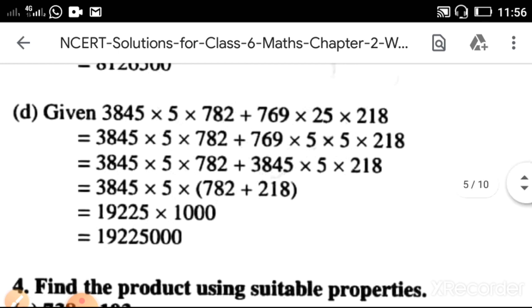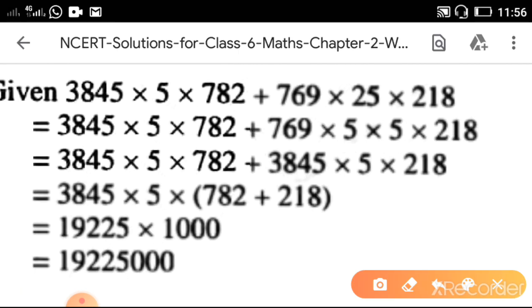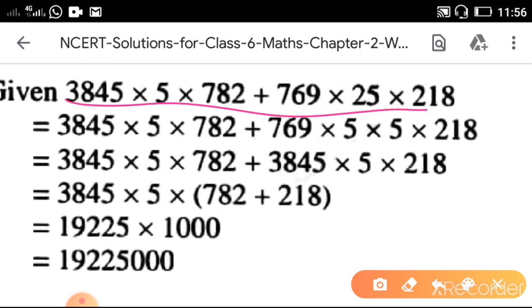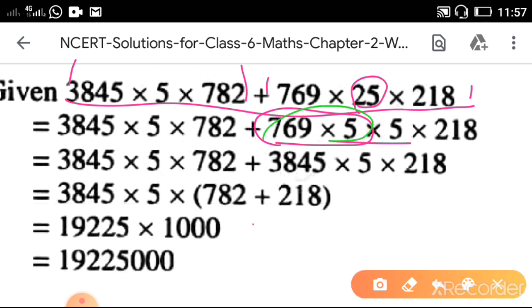You see in the question that you are thinking any number is not common here. Yes, no number is common, but these two are the brackets. Okay, now this 25 you can write as 5 into 5. Now 769 and 5.